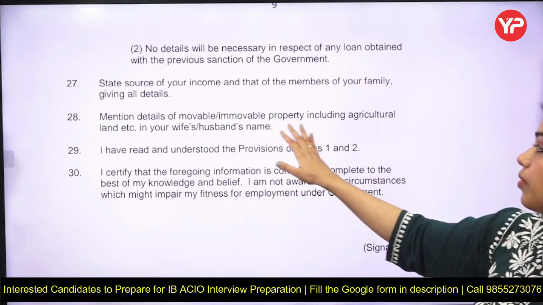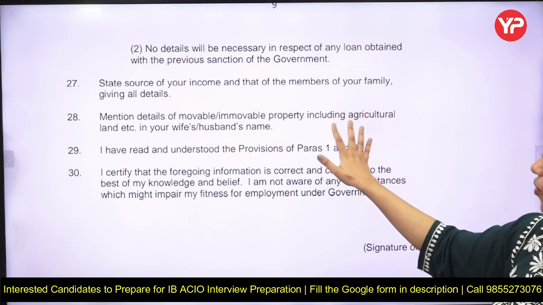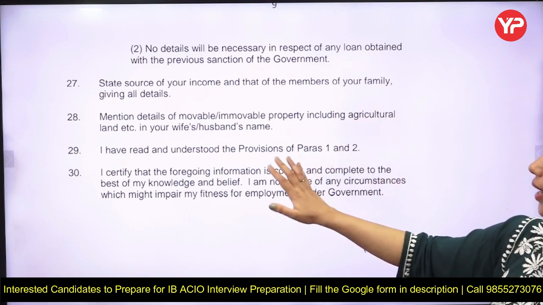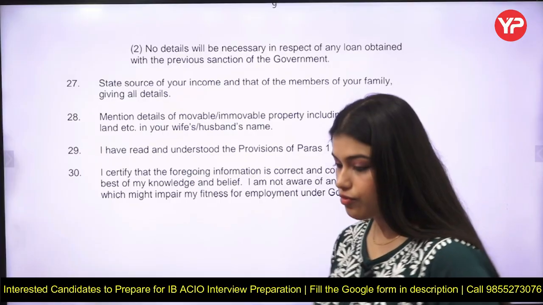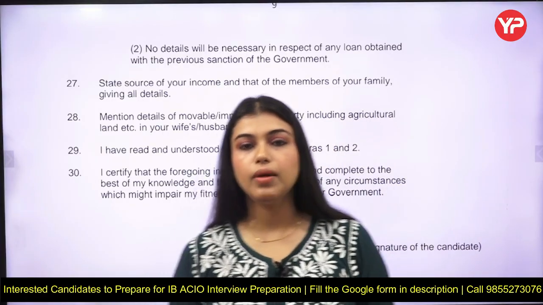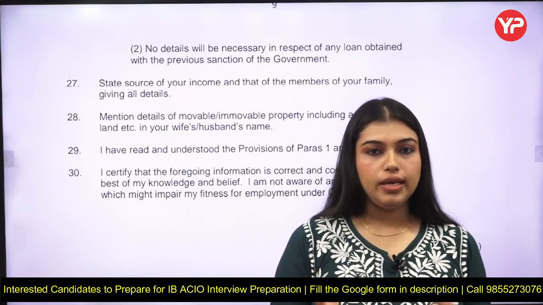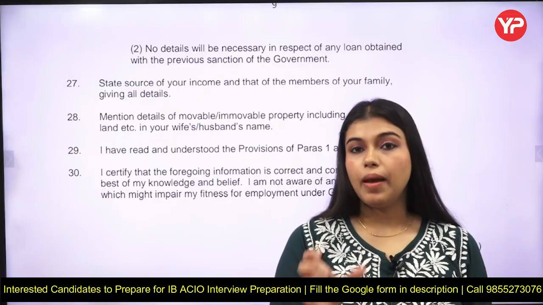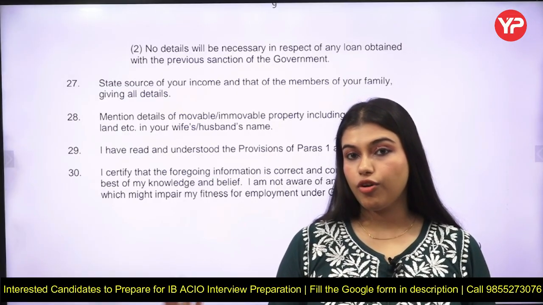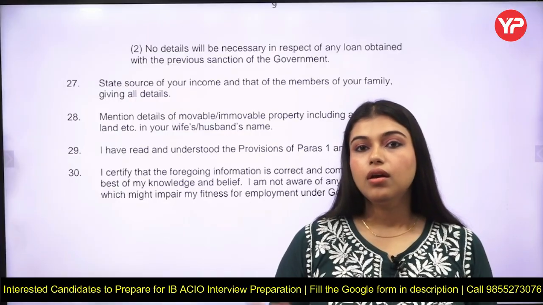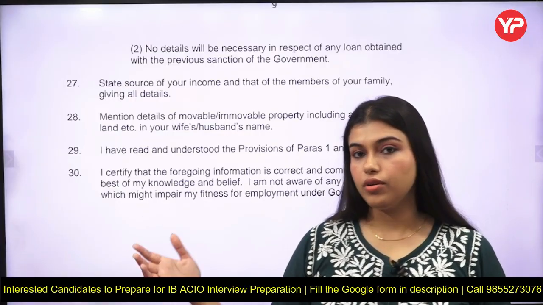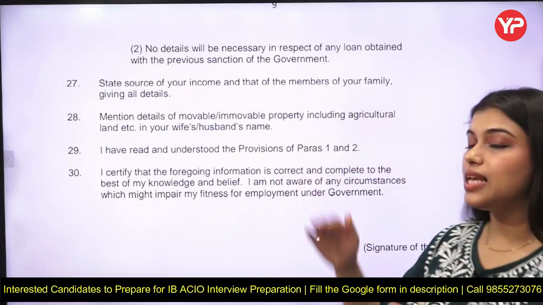Mention details of movable and immovable property, including agricultural land, in your wife's or husband's name. It is possible that some property, for example a car or bike, belongs to my mother or father, with the RC registered in her name.